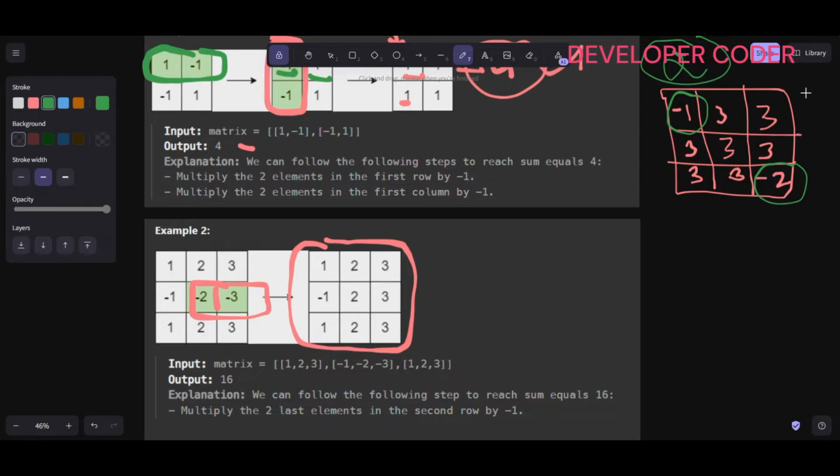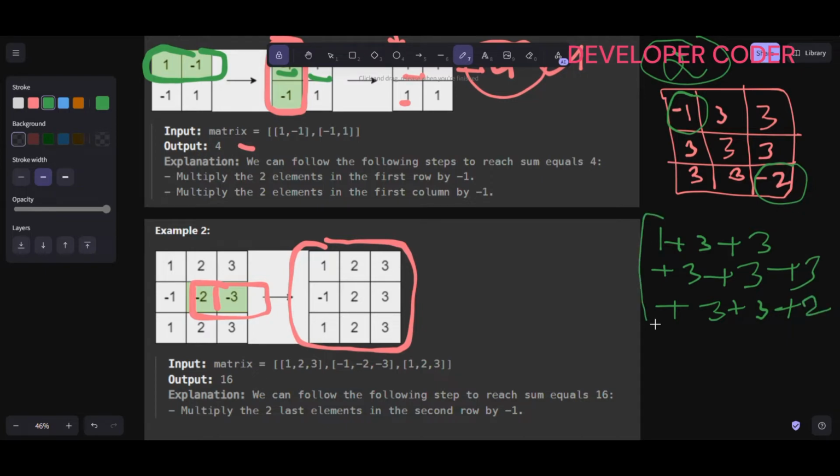Now if I do the summation of all the numbers first, let's say I'm taking the absolute sum of all the numbers in my matrix. So -1 I'm going to treat as +1, and -2 I'm treating as 2.